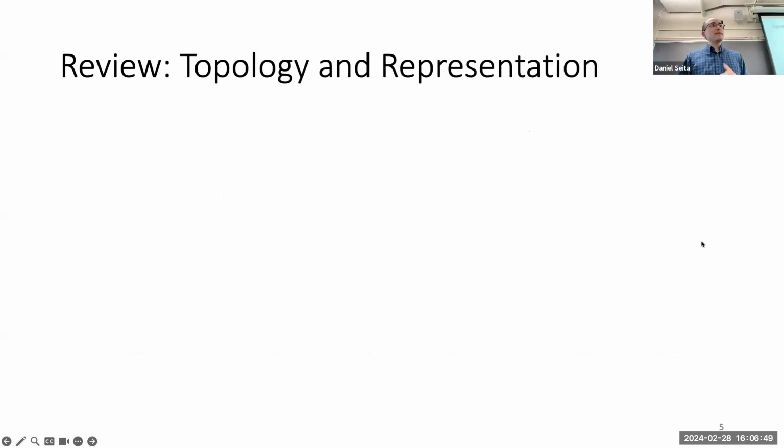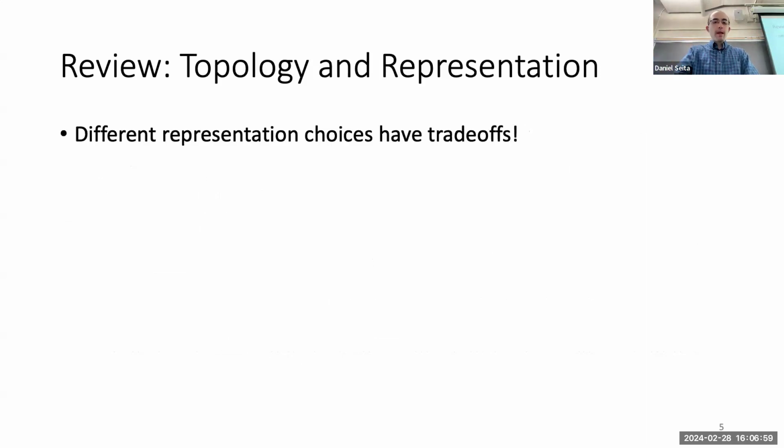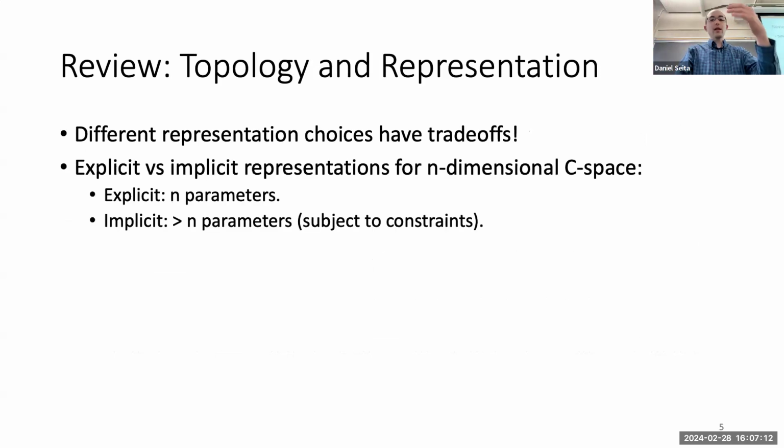And yeah, we also talked last week about topology of a configuration space as well as a representation of it. So there are different ways that you can represent, or choose to represent, a configuration space's coordinates.